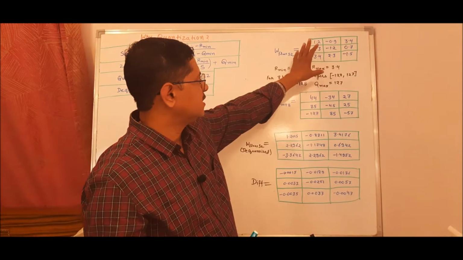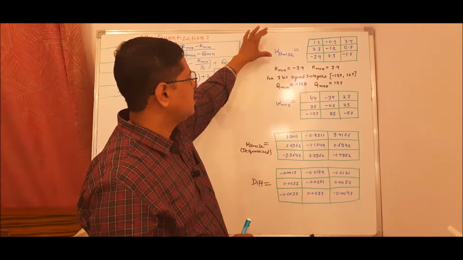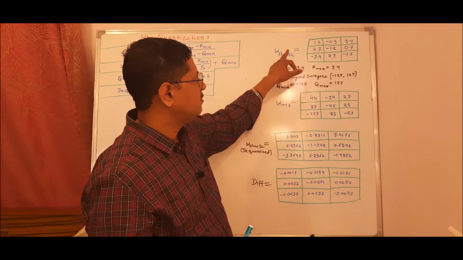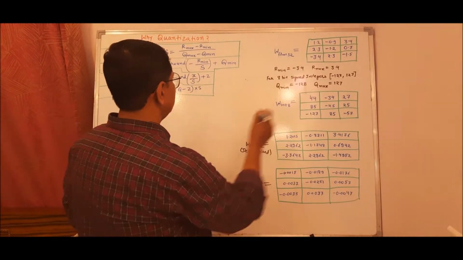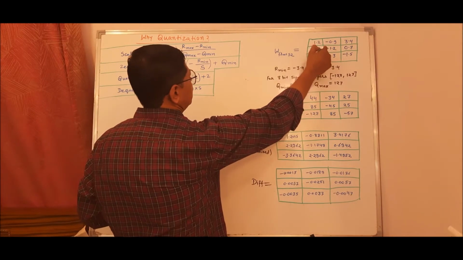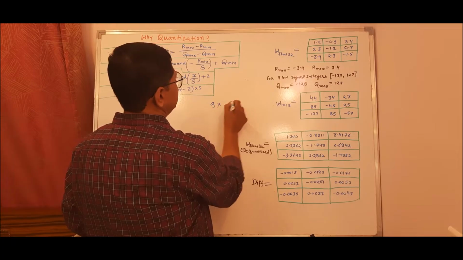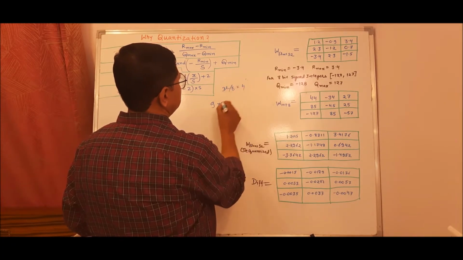For example, you can see this very simple 3 by 3 matrix. Just assume that a floating point number having 32 bit size will take 32 divided by 8, so 4 bytes each.